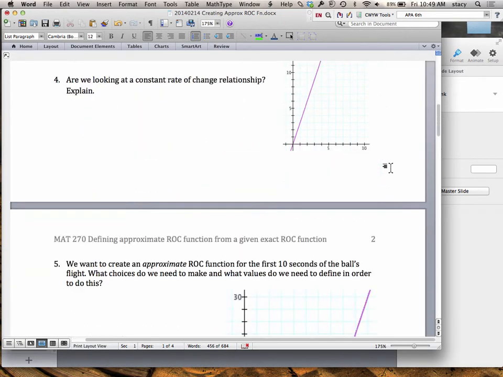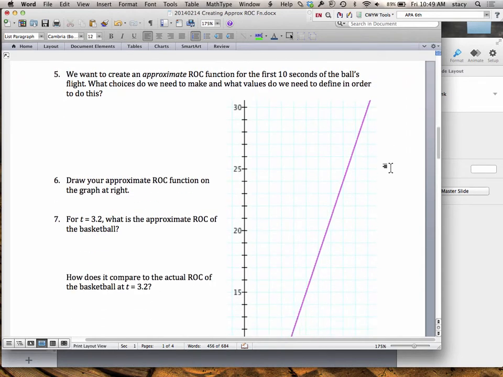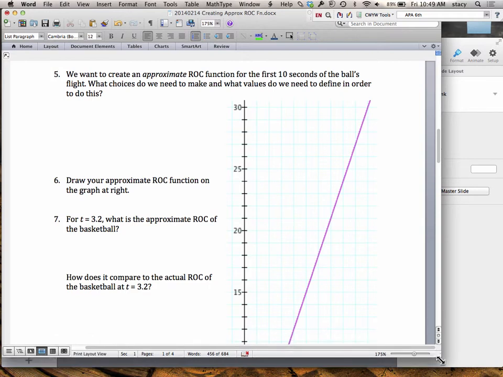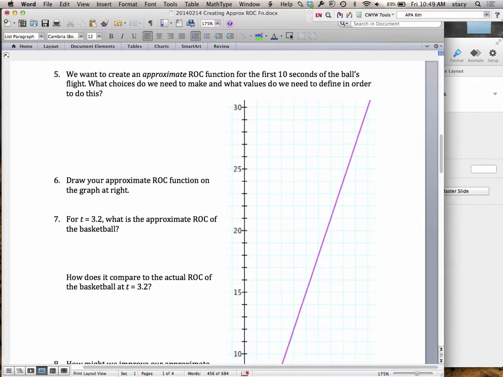Time to attack the second page. Okay? Now, because we've identified that we have a changing rate of change, we want to create an approximate rate of change function for the first 10 seconds of the ball's flight. What choices do we need to make and what values do we need to define in order to do this? Once again, take a few minutes, talk with your neighbor, and try to get as far down this page as you can.